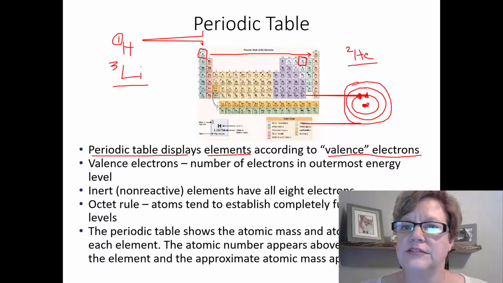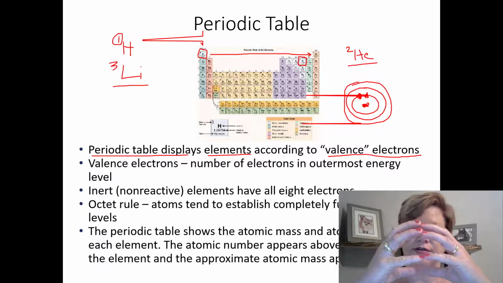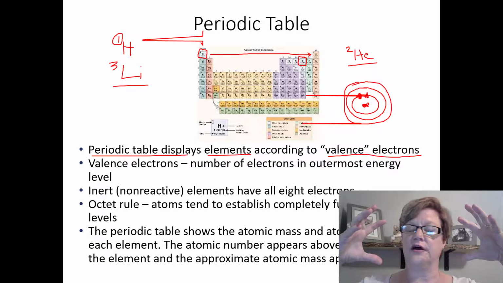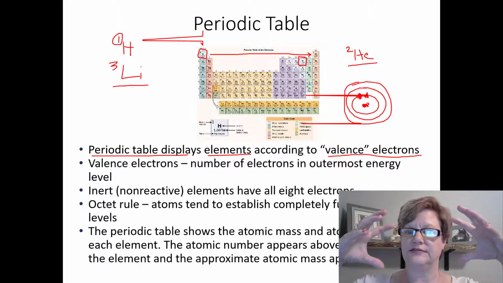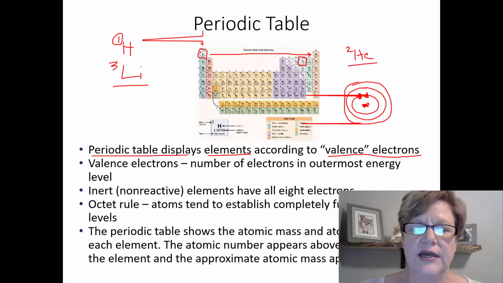So in the oxygen example, the first energy shell is full with 2 electrons, and the second energy shell is not full because it has the other 6. And so the outermost shell that still has electrons in it is called the valence shell, the valence level. In the case of oxygen, the second energy level is the valence level, and it would contain 6 electrons.